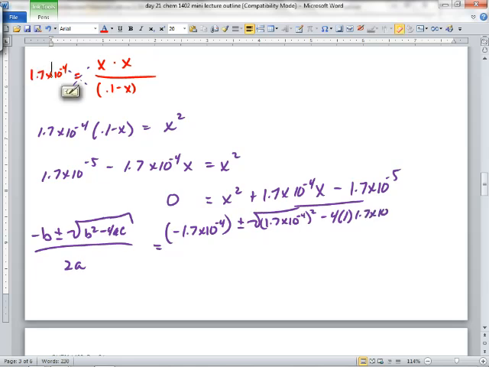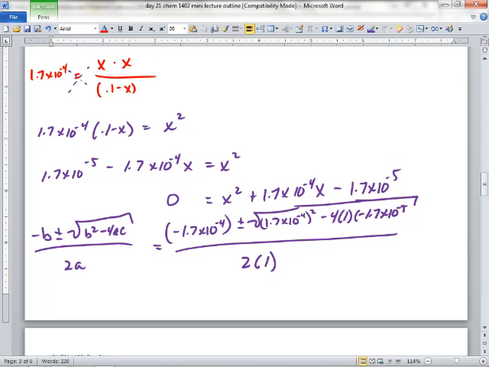Oh, and it's negative though. Right, c is negative. Now notice inside the square root you've got a negative 4 and then my c is negative, so that negative sign kind of disappears on you.